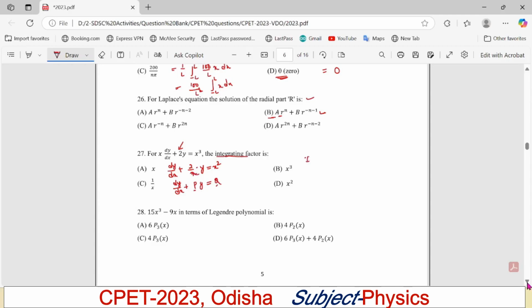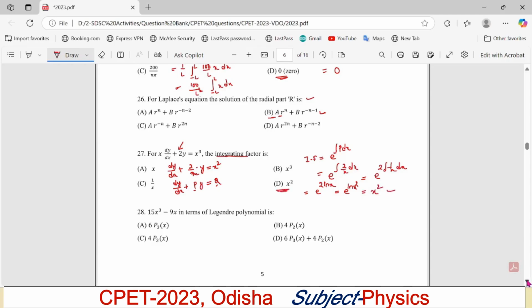So in general, the integrating factor is e to the power integration of P dx. So e to the power integration of 2 by x dx, so it will be e to the power 2 integration of 1 by x dx, which is e to the power 2 ln x. Or you can write e to the power ln x square, and you get the answer x square, and option D is the correct answer.